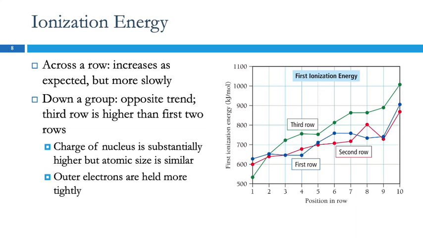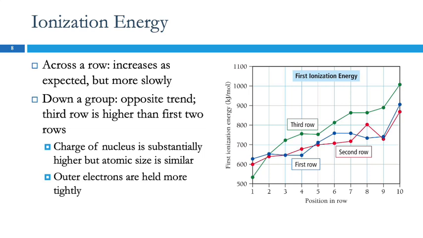What we see here is as we go across a row, ionization energy increases as expected, even though the size isn't really changing. But going down a group, we see an opposite trend. So the third row has a higher ionization energy than the first 2 rows, which is backwards.